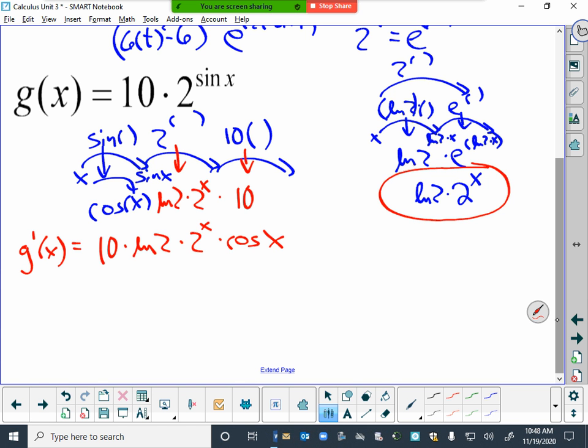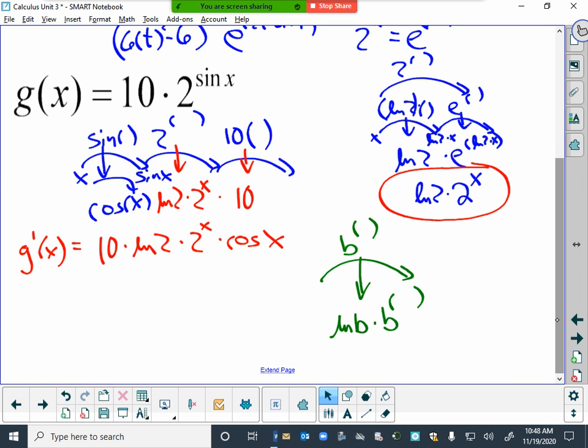Okay? We got less than 2 minutes to go here. I'm going to throw this on here, that if it's an exponential function with a base of b, then its derivative is going to be the natural log of b times b to the power. Okay? The e to the x happens to be the perfect balance in there, that it lines up right on top of itself.